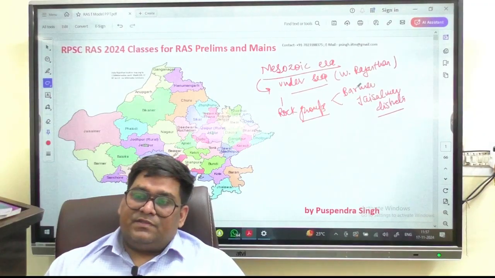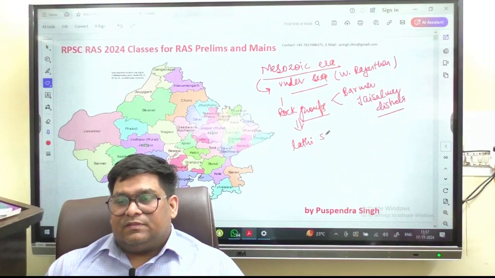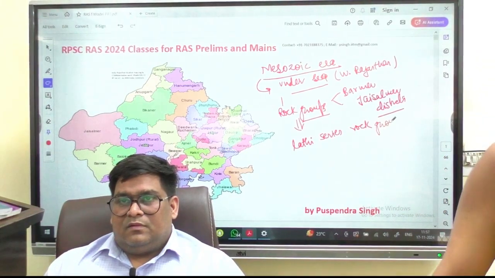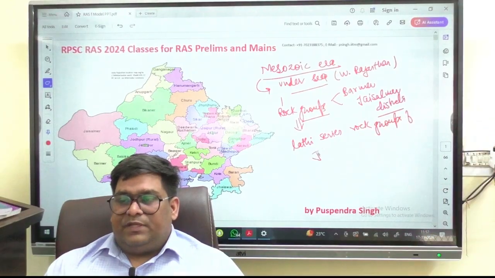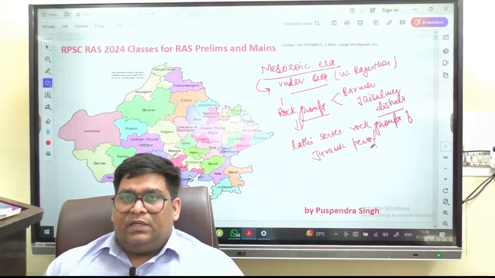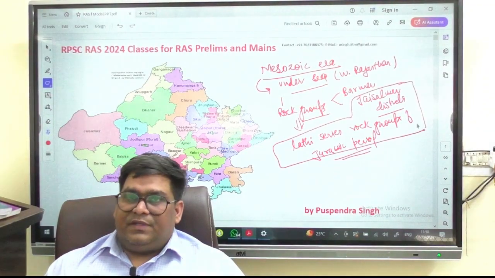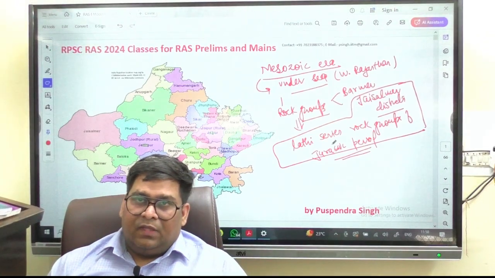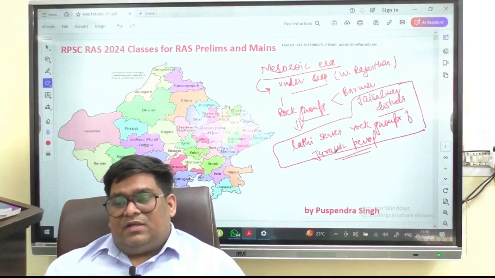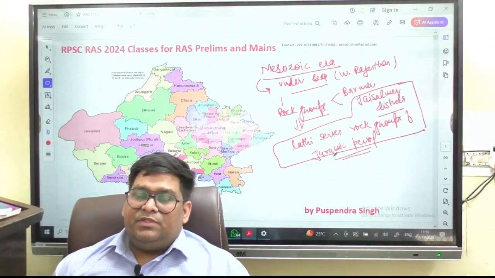So it basically consists of the Lathi series rock groups of the Jurassic period, specifically in the Jaisalmer district. We will have the Jurassic and Cretaceous periods in the Mesozoic era.